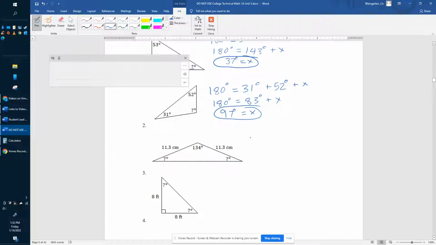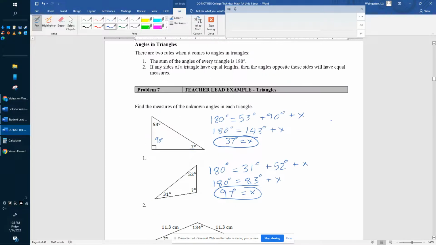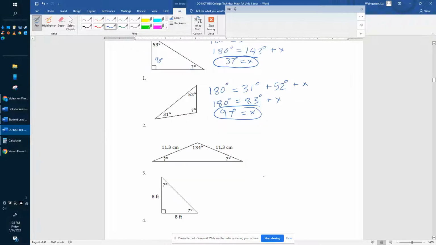Number 3 looks kind of tricky. We're actually missing two angles here. However, we did learn in our second rule that the opposite angles of sides that are equal have equal measures. So these two angles equal the same thing. Let's call this one x. This one is also x because it's the same angle. So we're going to take 180 degrees and it equals 134 plus x plus x.